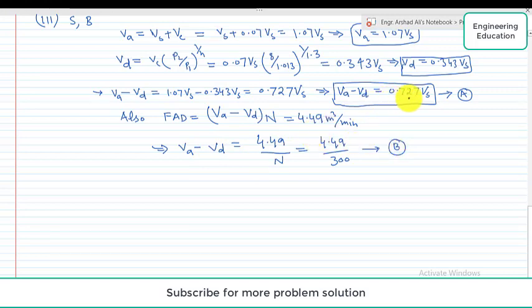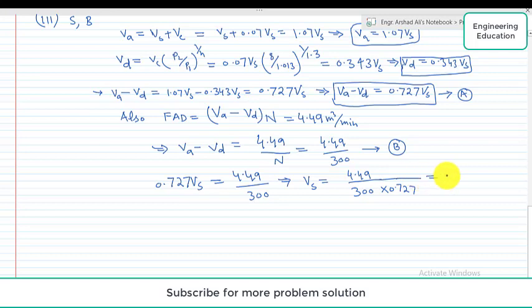So equating these two values, we get that 0.727 times Vs will be equal to 4.49 by 300. So simplifying this and finding the value of swept volume from this, we get 4.49 divided by 300 divided by 0.727.